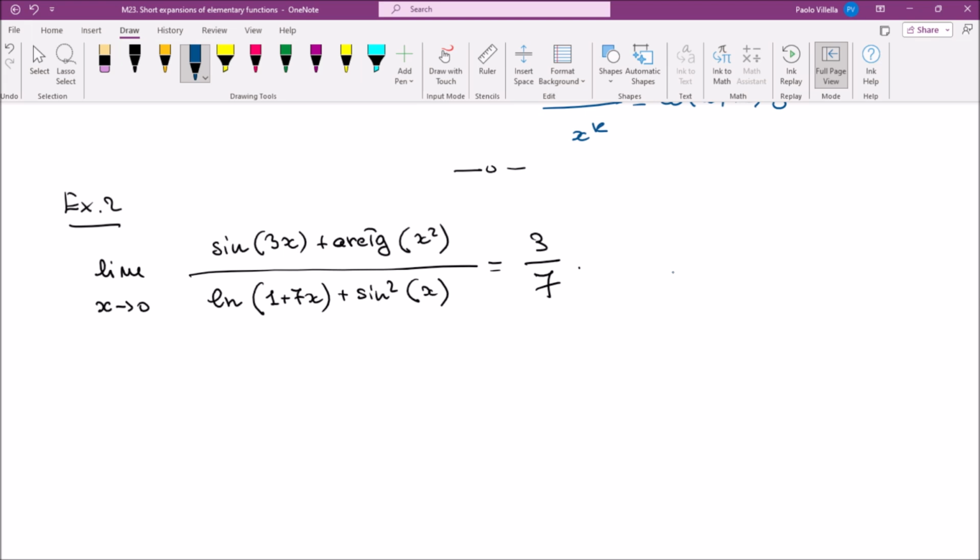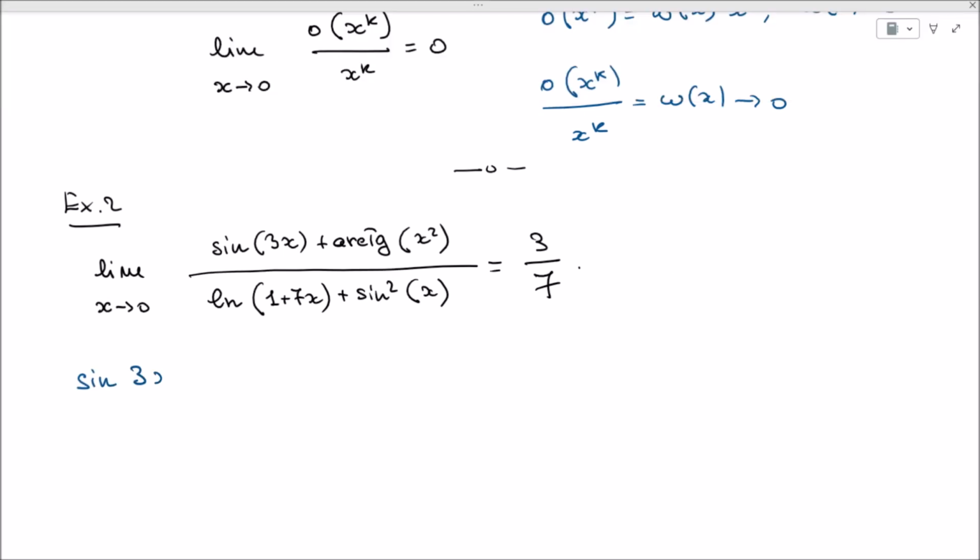Okay, so we start with the sine of 3x, which we know at this point is just 3x plus little o of x, and arctangent of x squared, well, this is x squared plus a little o of x squared, which we know is simply little o of x, because x squared is little o of x, and of course o of x squared is little o of x.